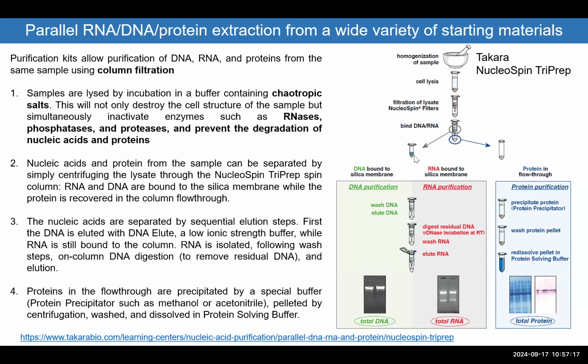So if you want to kill RNA, now you can simply add RNases and then elute the DNA, or the other way around. You can simply kill DNA and collect the RNA. And in this situation, you can have DNA, RNA, and proteins collected.